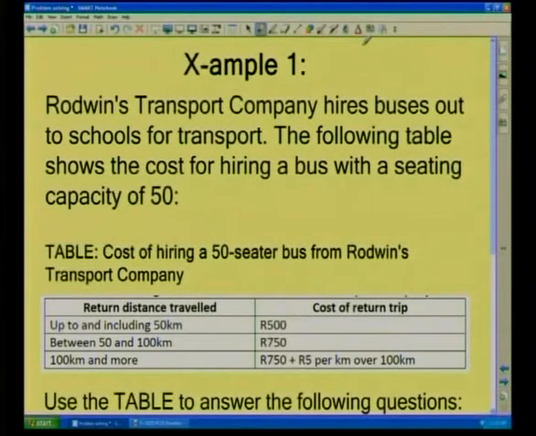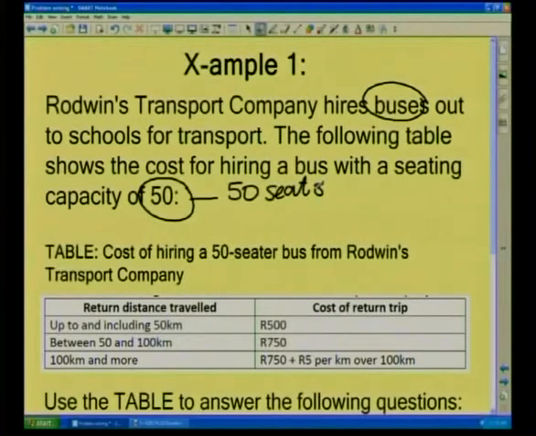Example 1. Rodman's Transport Company hires buses out for schools for transport. The following table shows the cost of hiring a bus with a seating capacity of 50. In other words, it's got 50 seats, and that's how many children can go on that one bus.